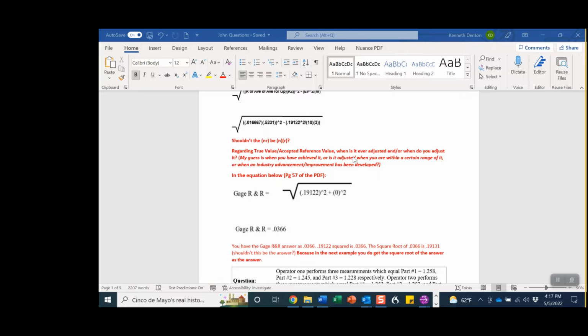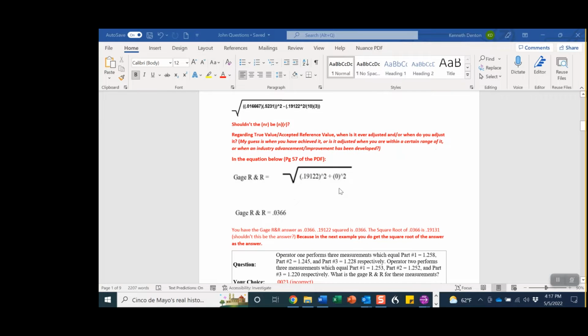At some point that reference value has to change to an even higher level. When would that happen? If you got better, more accurate equipment, you reestablish the reference value. You measure the same part, and because it's a better measuring system, it's going to be closer to the true value.